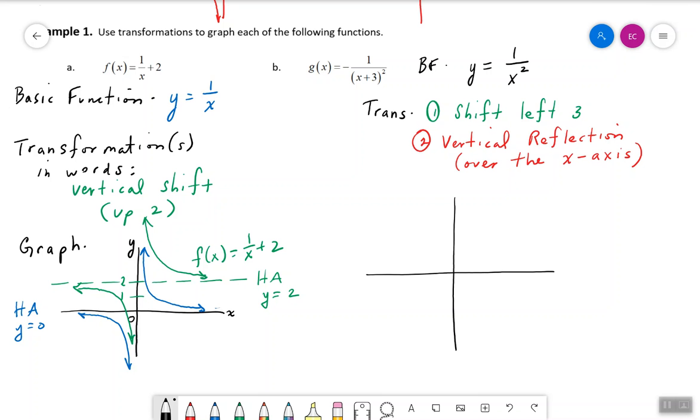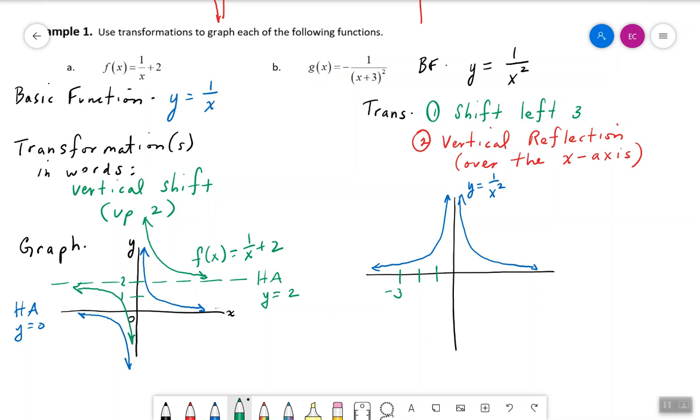Okay, so we can go ahead and graph the basic function, 1 over x squared, and then we should even label it y equals 1 over x squared, and then we should shift the graph to the left 3 units. So 1, 2, 3.